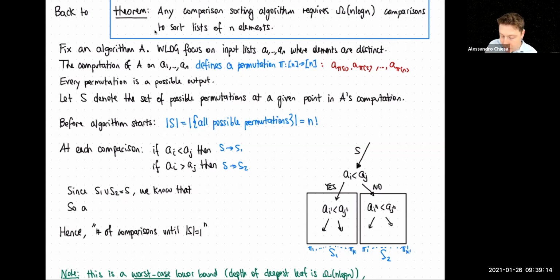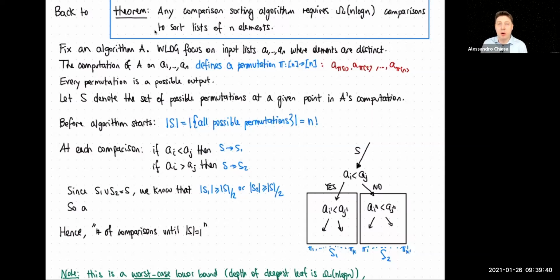And therefore, because the union is S, then I know that at least one of them is large. Right? Because if I have any two sets, S1 and S2, whose union is S, they cannot both be small. At least one of them must be half the size of the original one, right?